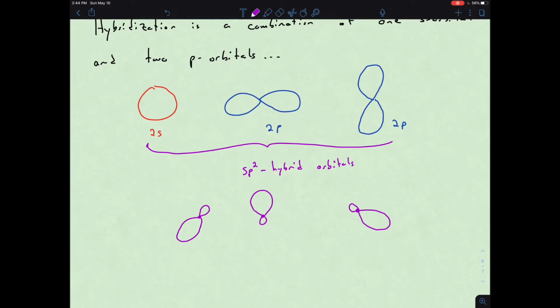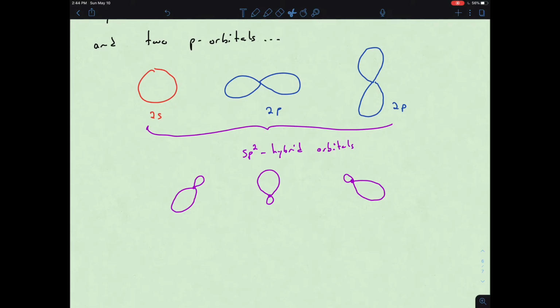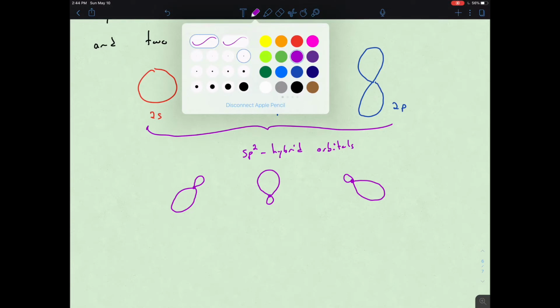And so those are the 3 orbitals we get from the combination of the P and the 2s. And if we overlap that, that's what gives us our actual shape.